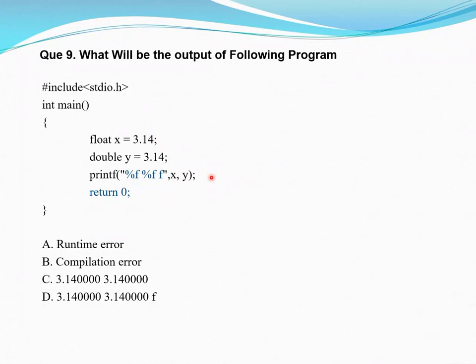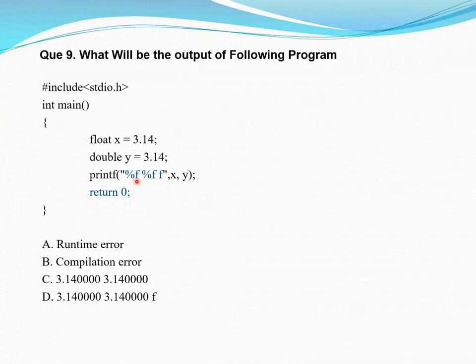In this printf function, values of x and y will be displayed in the format which is specified in the format string. Firstly the value of x will be displayed. This %f is for the first variable, that is x. As the format specifier is %f, the number of digits after the decimal point will be 6.